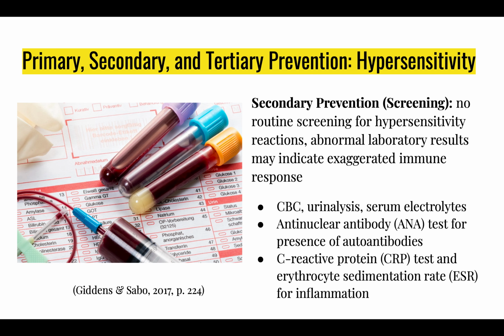Alterations in a CBC, urinalysis, and/or serum electrolytes may be the result of an exaggerated immune response. Laboratory testing that strongly suggests an autoimmune disorder is a positive antinuclear antibody test. C-reactive protein and erythrocyte sedimentation rate tests can help determine the presence of inflammation related to autoimmune dysfunction.